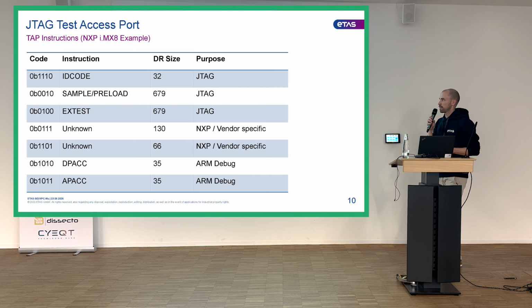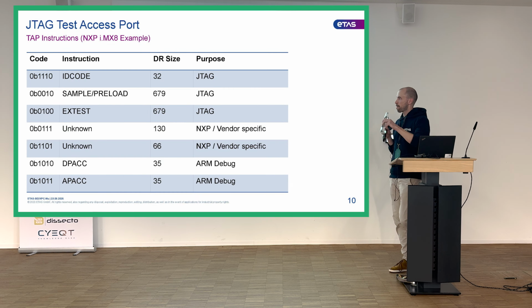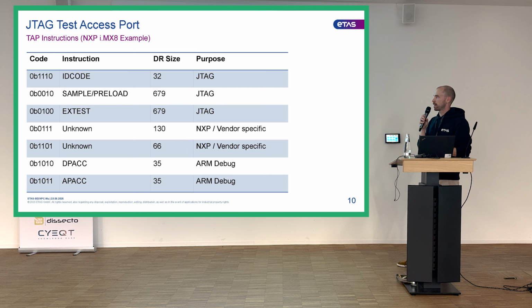Then we have 2 instructions which are used for the boundary scan. And I'm sorry, I forgot something. Here we can see the ID code always has a size of 32 bits. So that's the amount of bits that I get out of the data register. And with the sample, preload, and the access instructions, I can go ahead and drive individual pins or read individual pins.